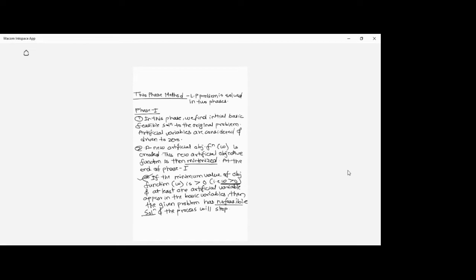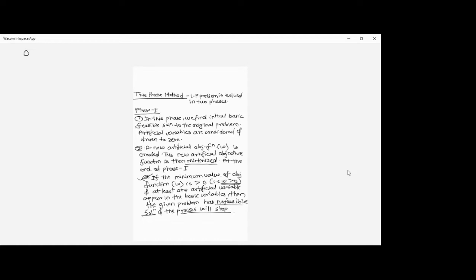You cannot find any feasible solution, and in that case, you can stop this process, right? So we are going to see one short numerical of this case today. Right now, this is related to phase 1, and we are going to see case 1.